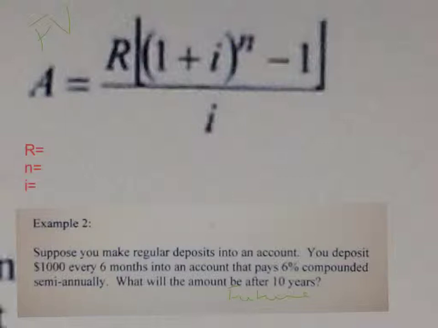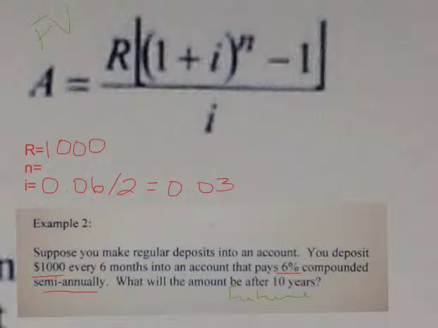So I'm going to decide what R is, and here it says I'm making regular deposits of $1,000, so R will have a value of 1,000. It says that I am paying interest of 6%, semi-annually. So I'm going to need to convert 6% to a decimal and divide by 2. So that calculation isn't rounded, so I can just use 0.03.